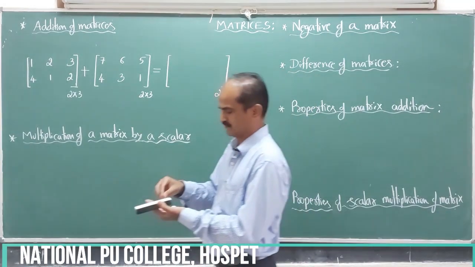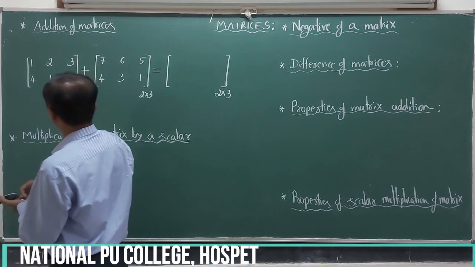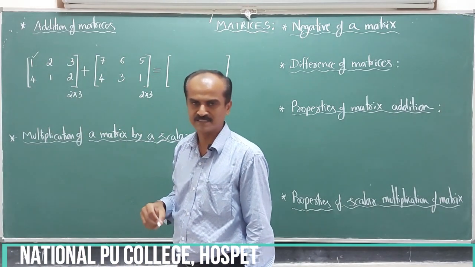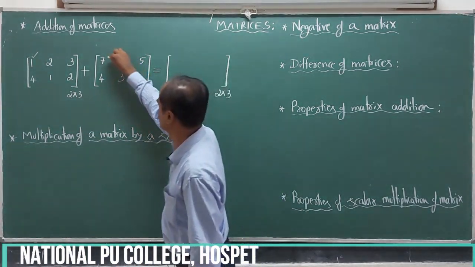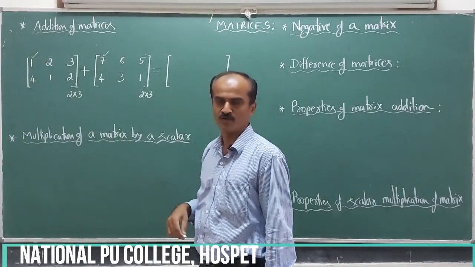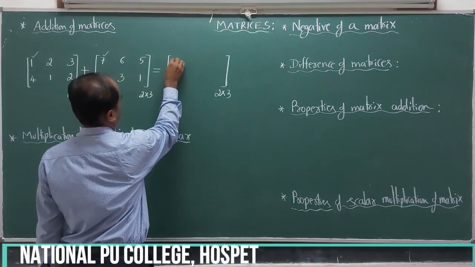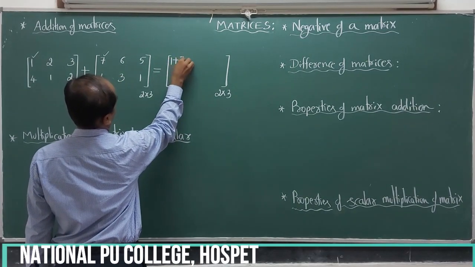Now, element 1 of the first matrix, which is the corresponding element in the second matrix, 7. So now I require to add these two. Their sum I have to write here. It is 1 plus 7.